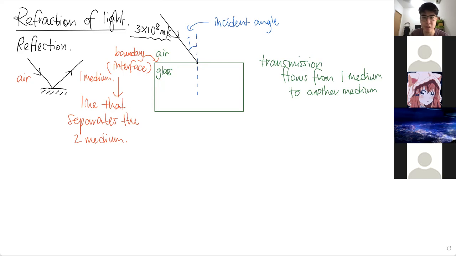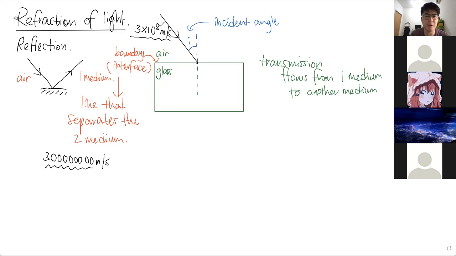It's very fast. 3 × 10⁸ is like 3 followed by 8 zeros, meters per second, meaning that in 1 second, it travels like 0.3 billion meters, just in 1 second. That is the speed of light. And it's the fastest in the known universe.